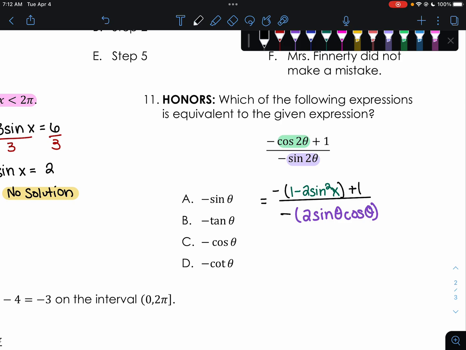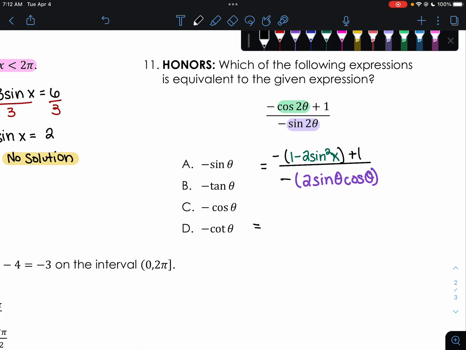I need to make sure that I distribute the negatives, so that makes it a -1 plus a 2 sine squared theta plus 1 all over a -2 sine theta cosine theta, and I did it again. That should be a theta.